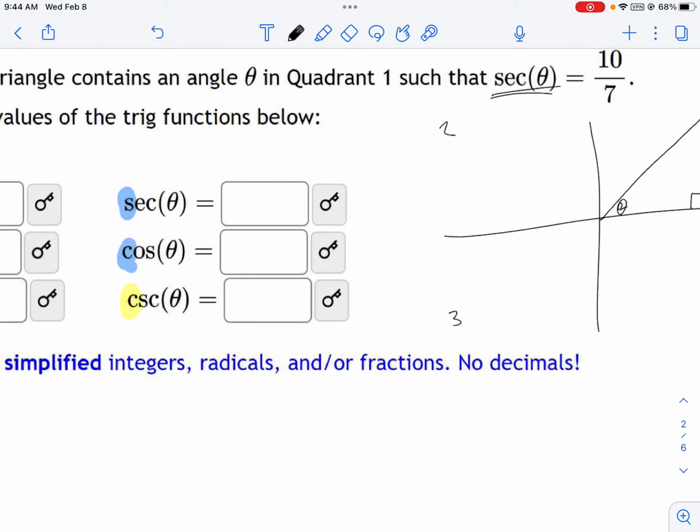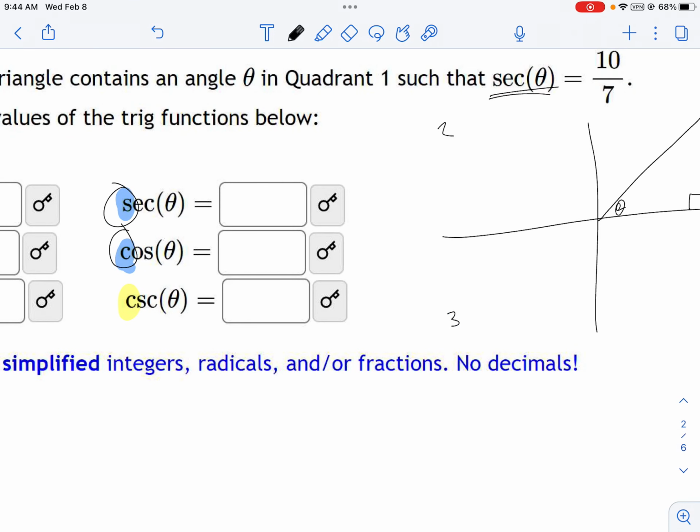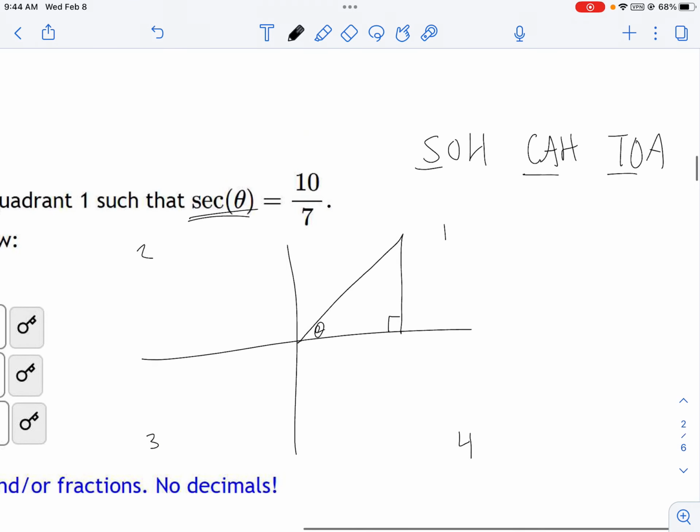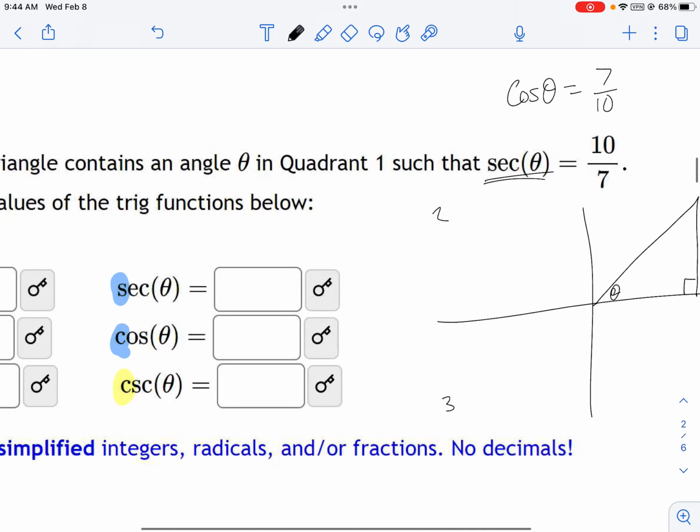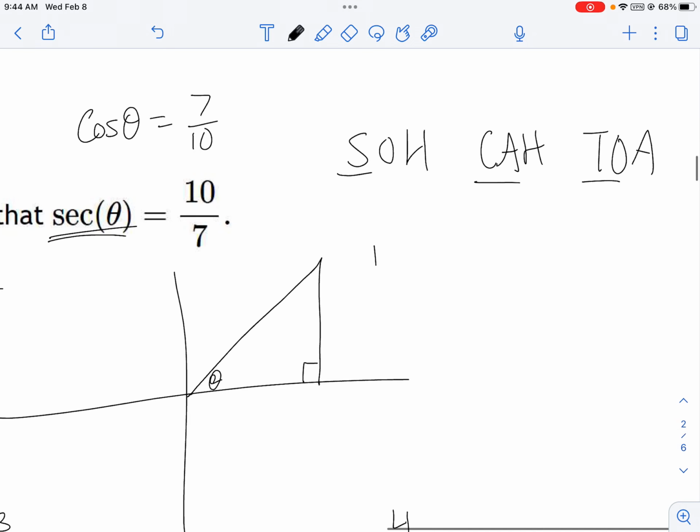So when I say cosine, its reciprocal is secant. So if secant is 10/7, that means your cosine of theta is 7/10. And you actually can just put those right down in your answer, 7/10 and 10/7. Why we care about this is that, using SOHCAHTOA, cosine is the adjacent side over the hypotenuse.